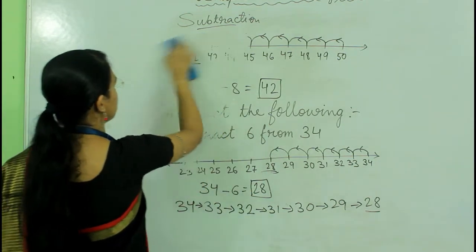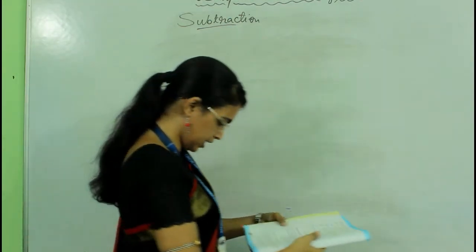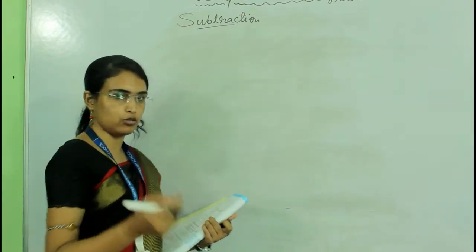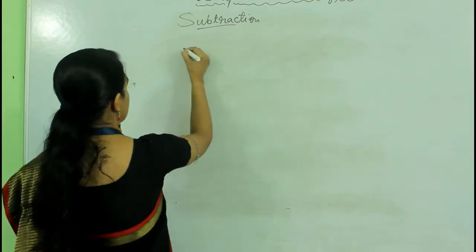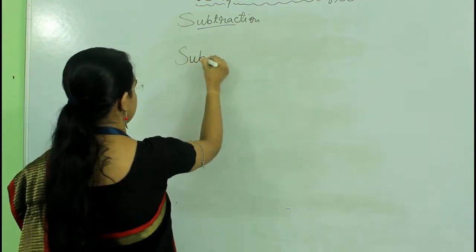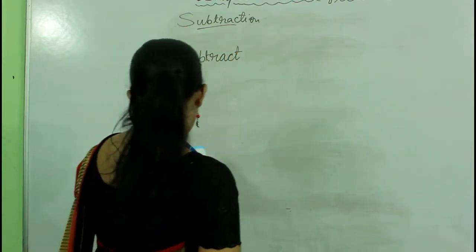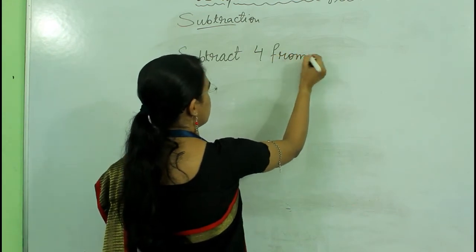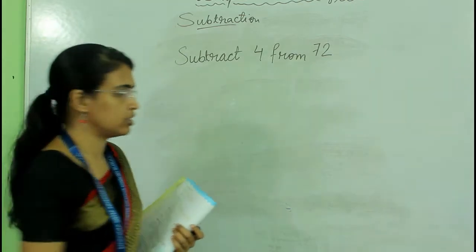Another question I will show you. Okay, come to the next page. That is page number 88. Here we will solve another question. So the question is: subtract 4 from 72 by using backward counting.